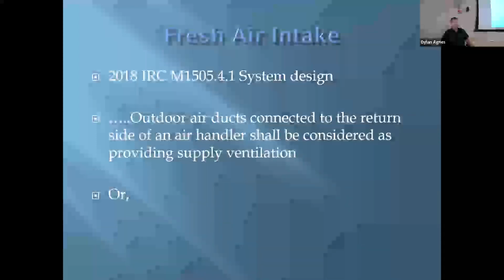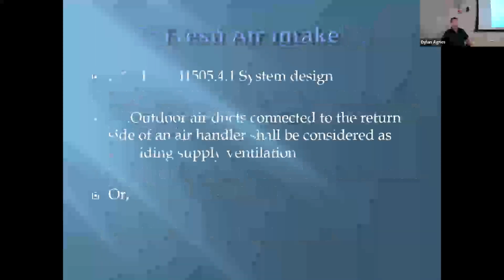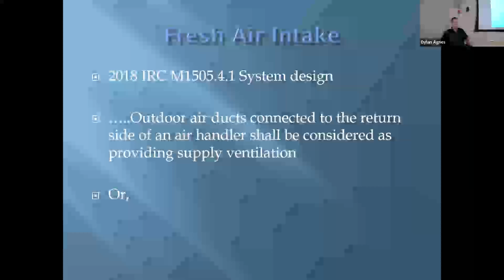When we talked about balanced systems, this outdoor air duct or the fresh air return is considered supply. If you're measuring up your bath fans and calculating your fresh air intake, it is possible to balance that system or get it really close with that fresh air intake.